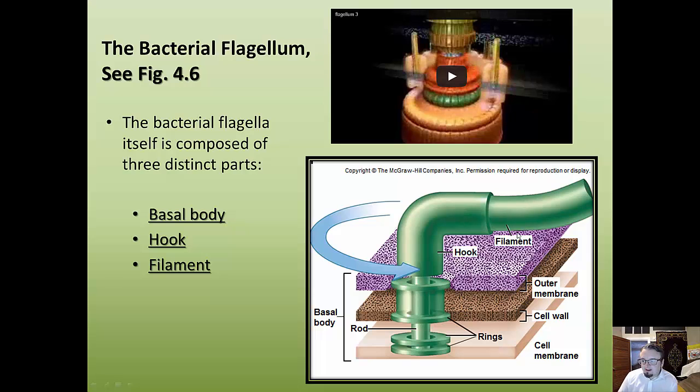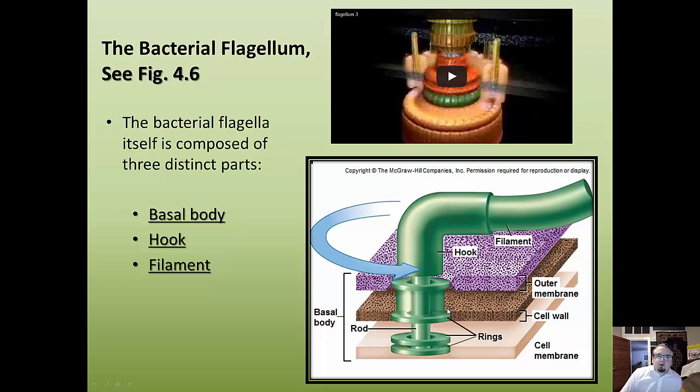But really that's the tail part itself. Another key part is called the hook. And the hook is this angled component that attaches the filament to the third component, which is called the basal body. The basal body is a series of rings that are embedded in the membrane of the cell.